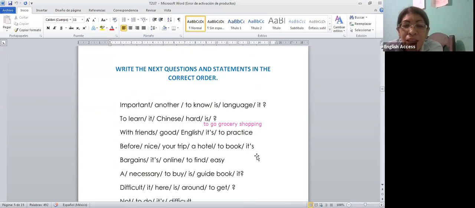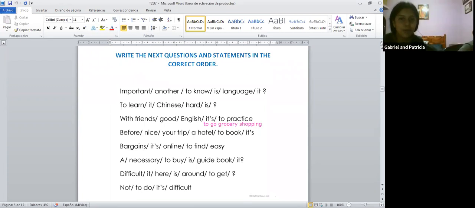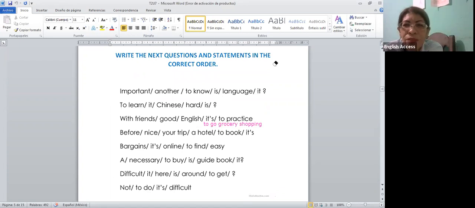Okay, so pay attention to this part. Just let me erase these words. Here it says, write the next questions and statements in the correct order. So we have 1, 2, 3, 4, 5, 6, 7, 8.